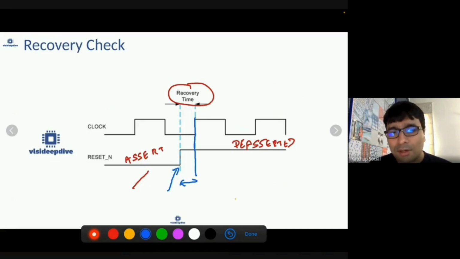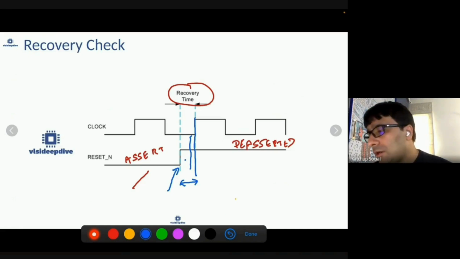Assertion can happen at any time. De-assertion should happen sometime before the clock edge, and that is the recovery time requirement. If this de-assertion happens very close to the clock edge or within this time window, the design is failing recovery time. This check is only needed for asynchronous pins, not for synchronous pins.